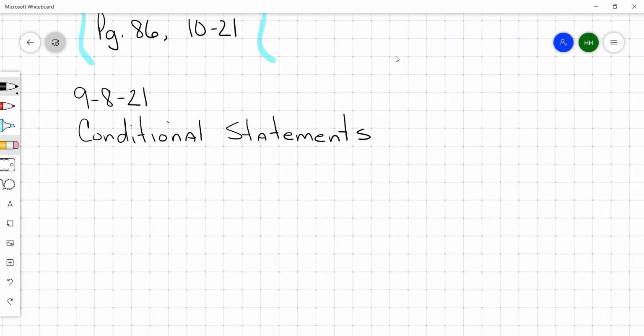All right, conditional statements. Today you're going to be writing and working with conditional statements. There's a couple things that you have to know about conditional statements.